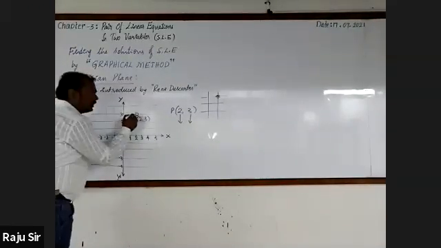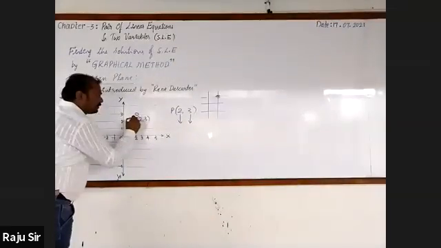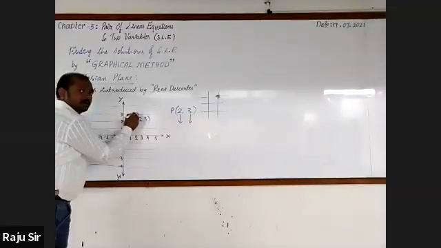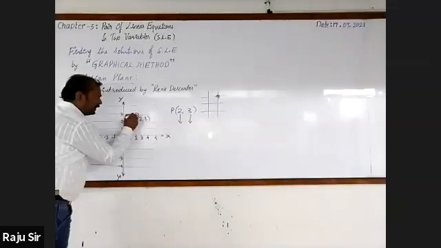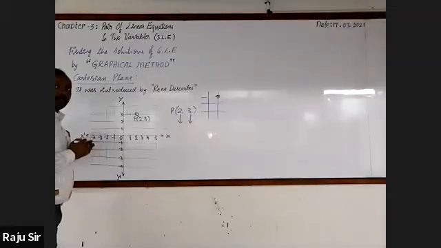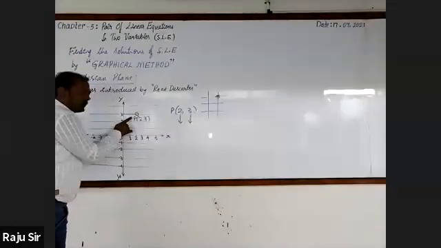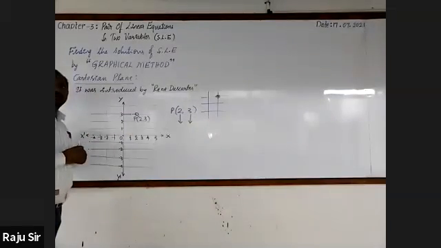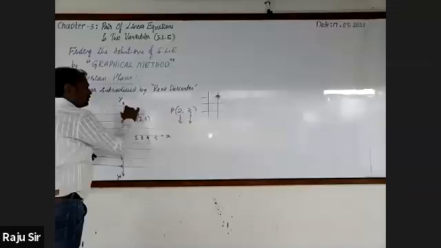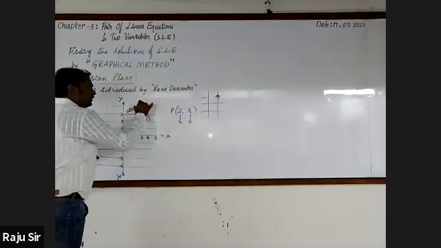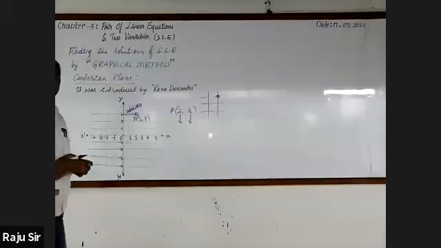Observe it. Look here. I call this point as P. I am going to draw a perpendicular line from point P to y-axis. What do you call the perpendicular distance from the given point to y-axis? It is called abscissa.